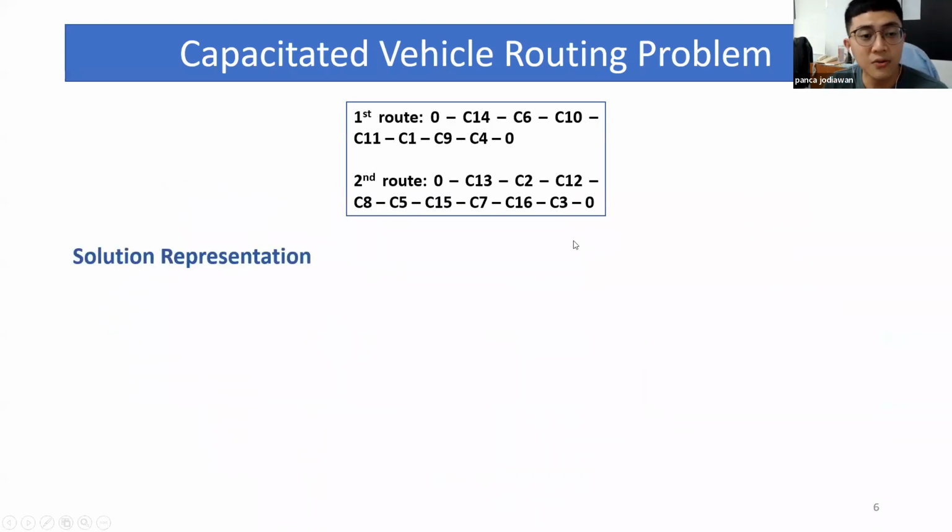Now, considering the routes that have been created in the previous slide, I would like to talk about the solution representation. This part is very important because later when you develop a metaheuristic, not only adaptive large neighborhood search but maybe also other metaheuristics, you always need to design the solution representation in the beginning.